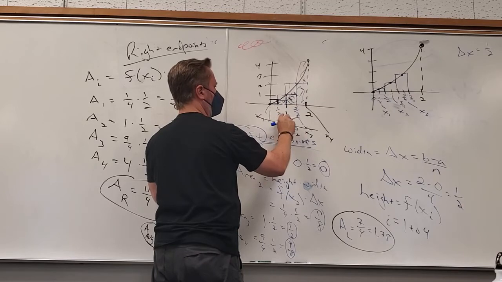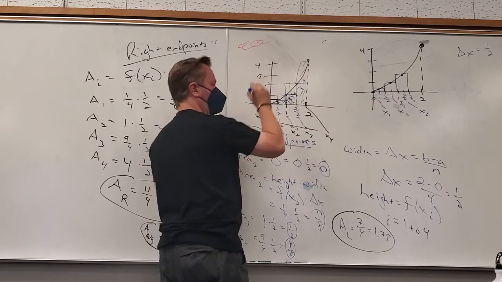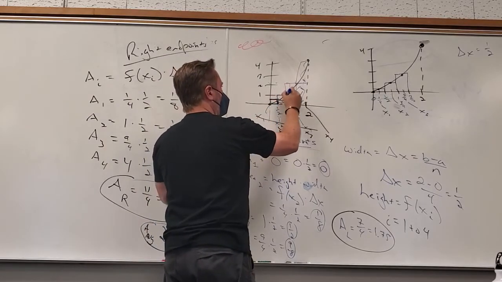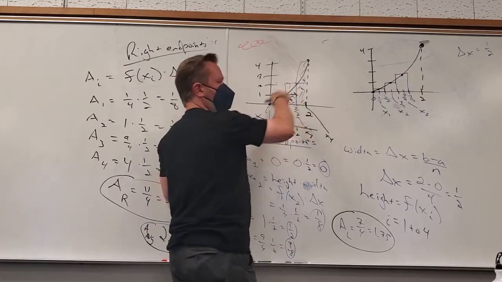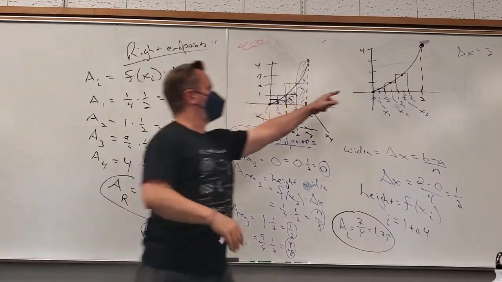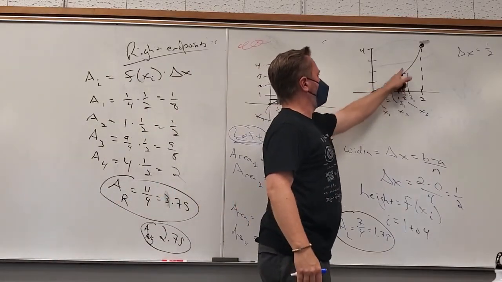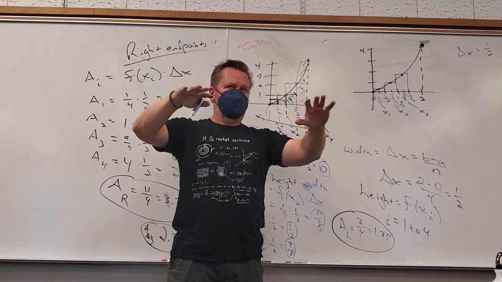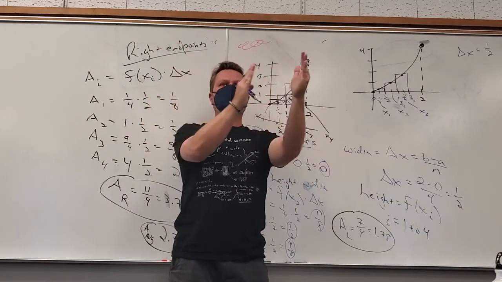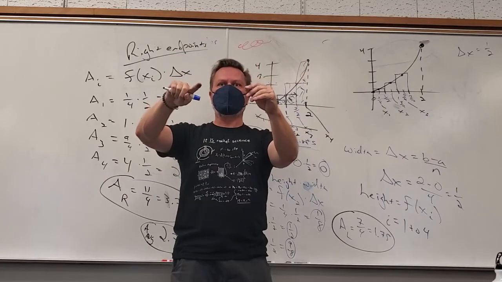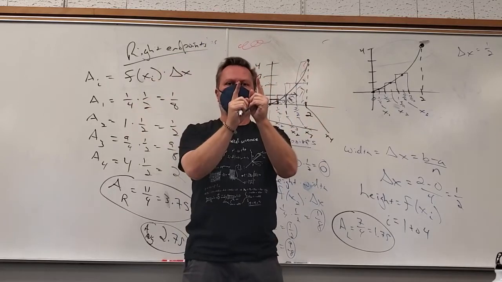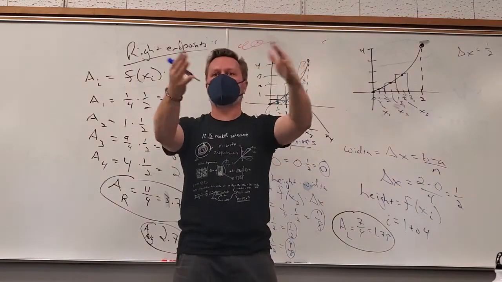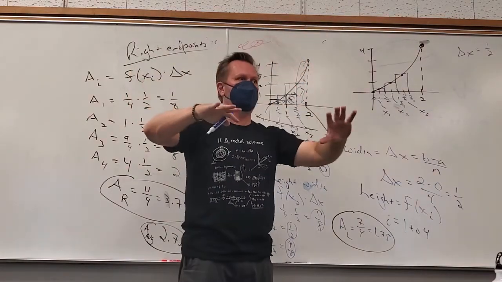If I'm doing right endpoint, I go up as tall as the right side of my rectangle. And if I'm doing midpoint, I go up as tall as the middle of the rectangle. There are multiple ways to draw my rectangles in, but all I care about is what's the base, what's the height, and the height depends on which method I'm using.